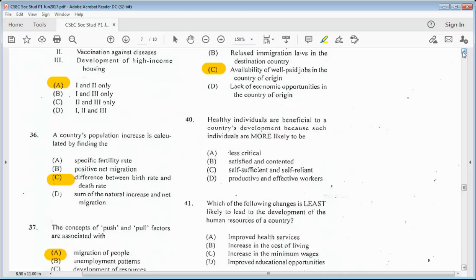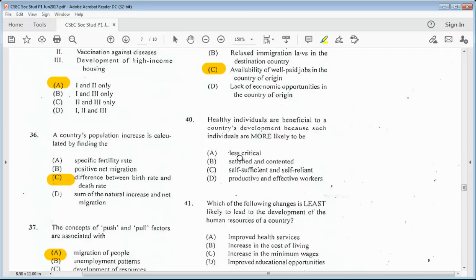Healthy individuals are beneficial to a country's development because such individuals are more likely to be A, less critical, B, satisfied and contented, C, self-sufficient and self-reliant, D, productive and effective workers. So healthy individuals are more likely beneficial to a country's development.